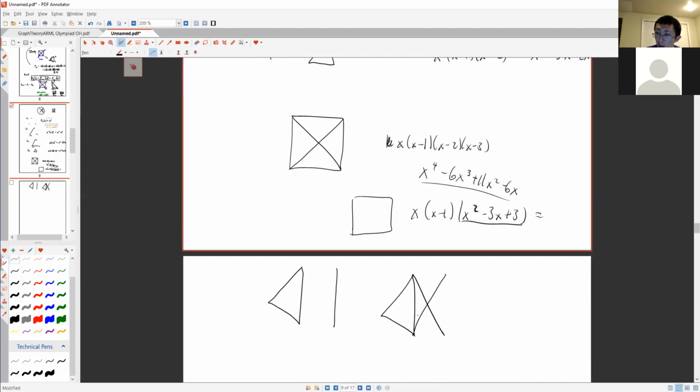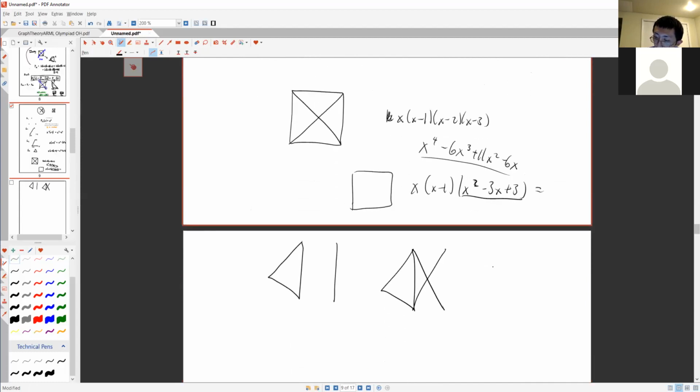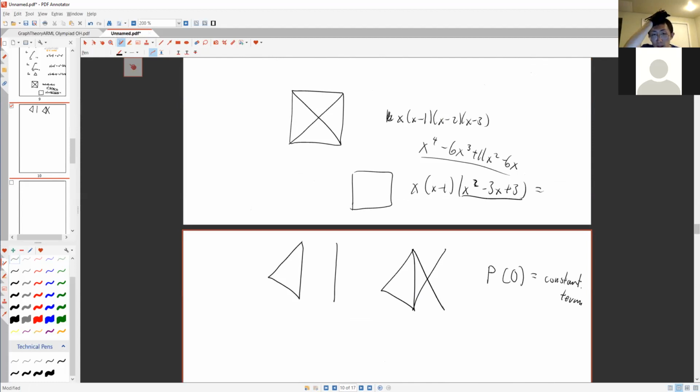So I think the clearest way to see it is, to find the constant term of a polynomial, you plug in 0 usually, right? That gives you the constant term of the polynomial. But if there are 0 colors to choose from, then there are 0 ways to color any graph with a positive number of vertices, as long as it's not the empty graph with 0 vertices. So yeah, P of 0 should be 0. So that means the constant term should be 0.